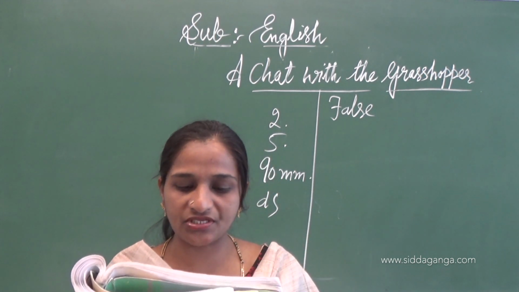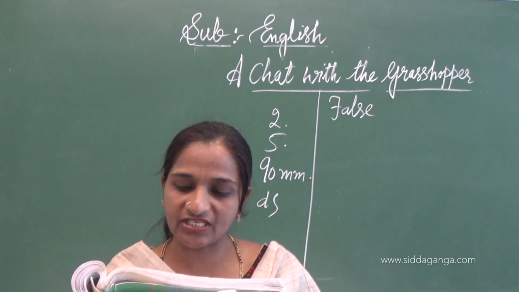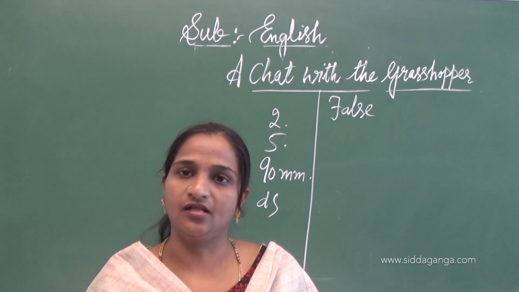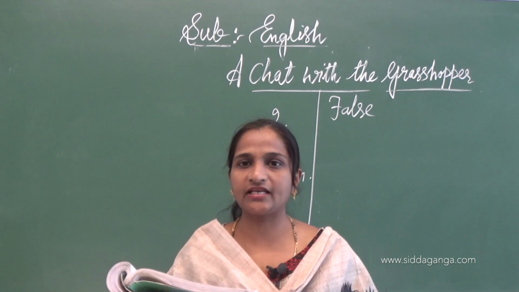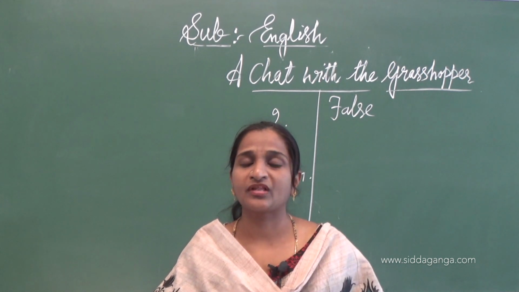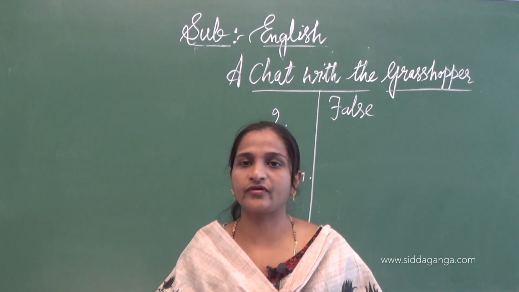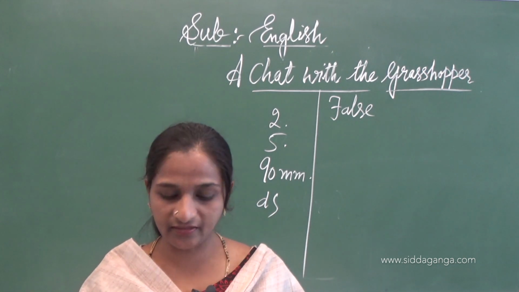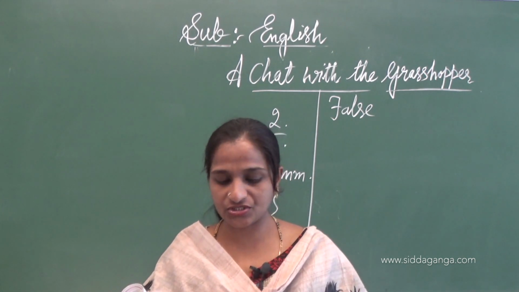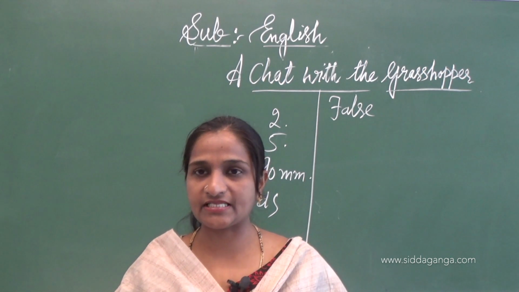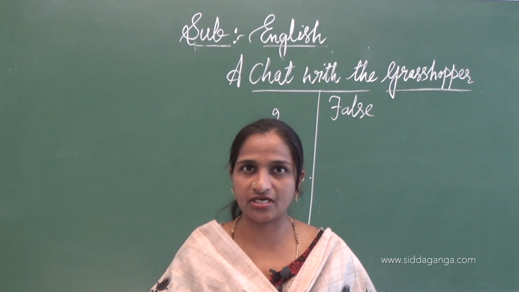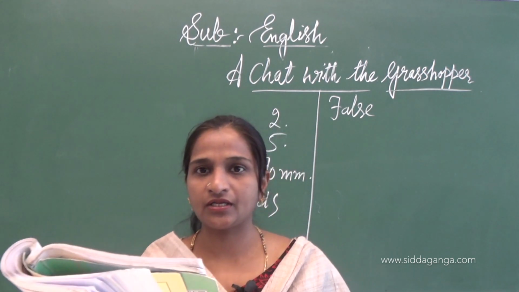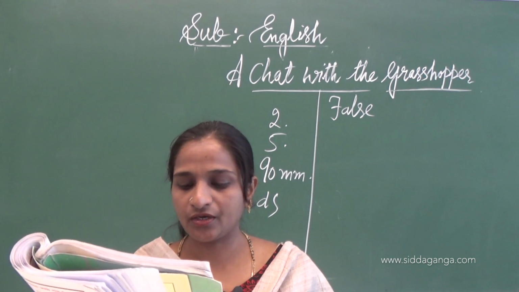Now read the lesson on the grasshopper again. Look at the words given below. Which of these words are used in the lesson? That green color box is given there. Look at those words. If you come to know the lesson, you read that lesson. Which words you find in this lesson, you have to circle. Understanding? Farmer, you have to circle farmer.